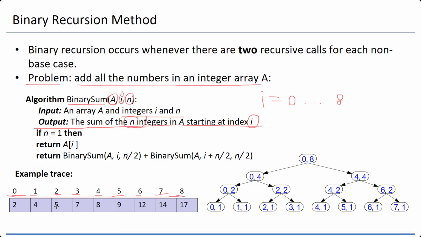Let's say I want to start from the index 3 and I want to sum only 5 numbers. Then 1, 2, 3, 4, 5. So I have the binary sum A, which is the array, and then I, let's say I'm going to start from the index 3, and then I'm going to just do the summation of 5 numbers. Then the parameters will be A, comma 3, comma 5, something like this.